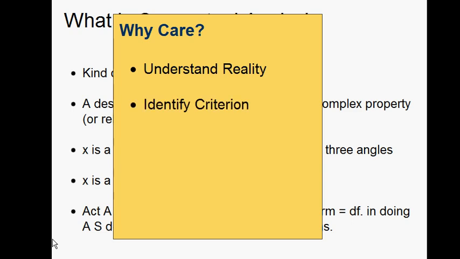It also might help you identify criteria for when concepts apply. So this won't always be the case, and I'm going to talk more about that in just a second, but take ethical theory, for example. You might think that one useful reason to come up with an analysis of being morally permissible is that you would then be able to apply that analysis to cases of particular kinds of actions that are controversial, like, say, abortion, euthanasia.